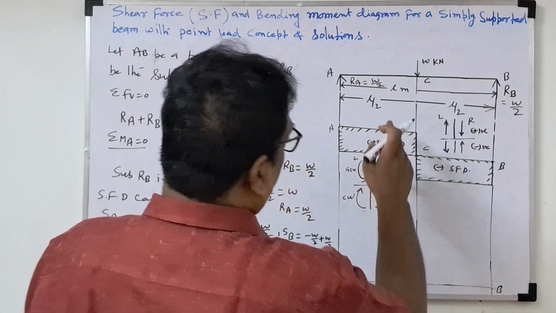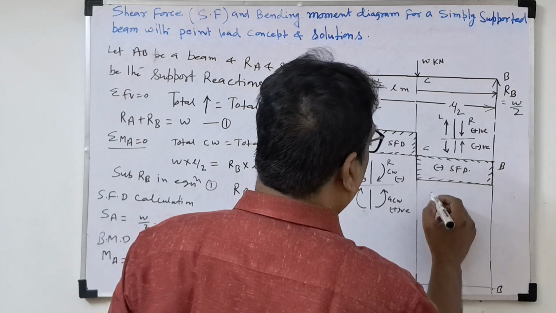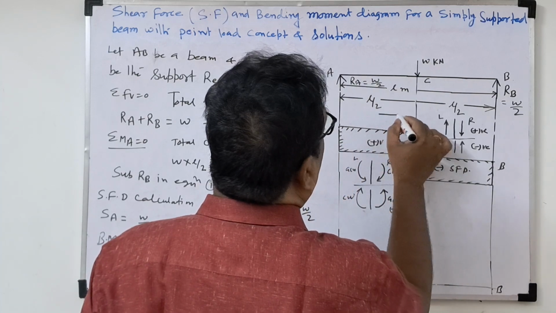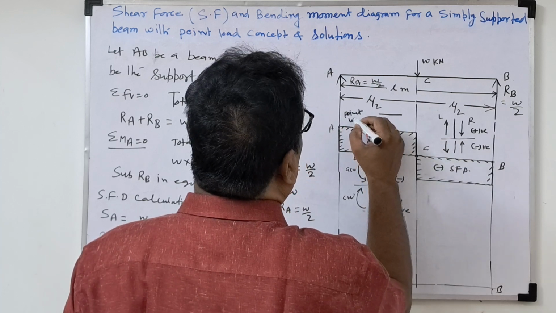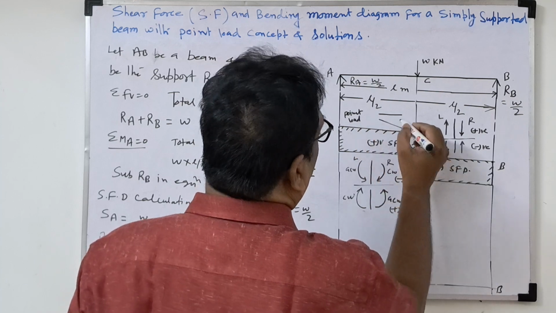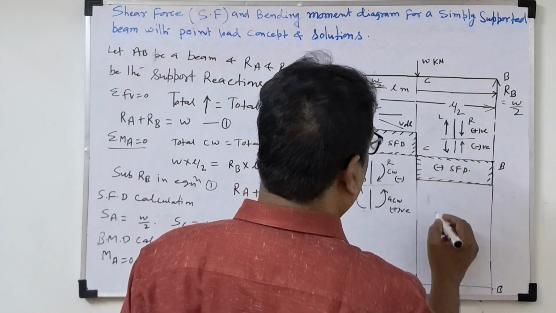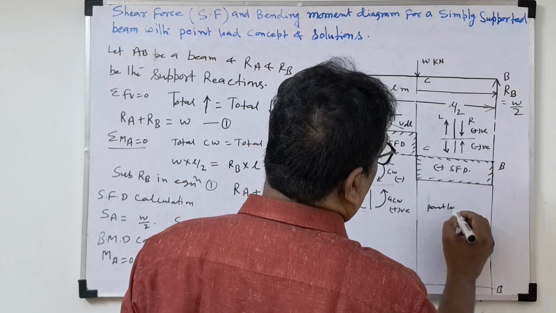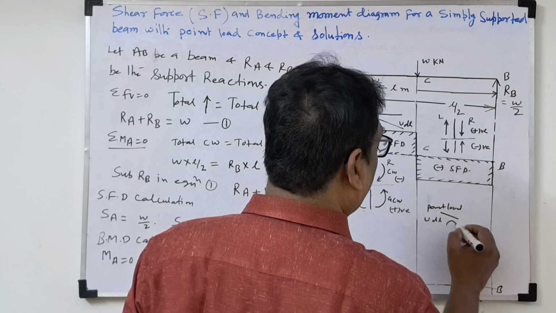So I'll write here, the shear force diagram will be a horizontal line for point load or no load. If UDL is there, inclined line for UDL. But in the bending moment diagram, for point load or no load, inclined line, UDL parabola.